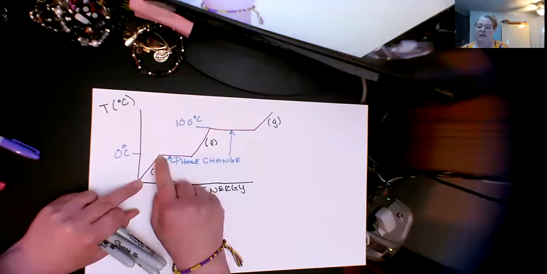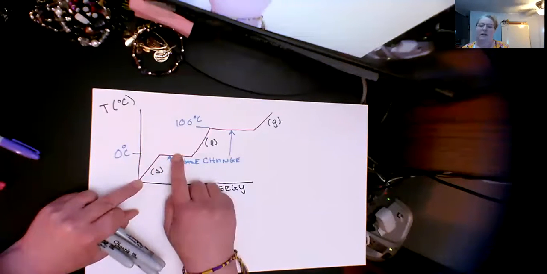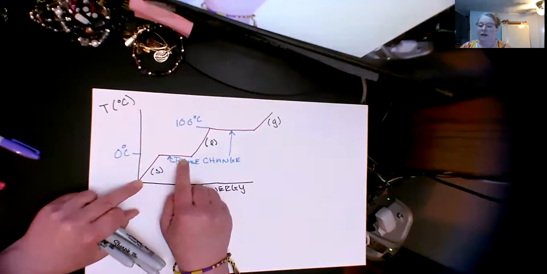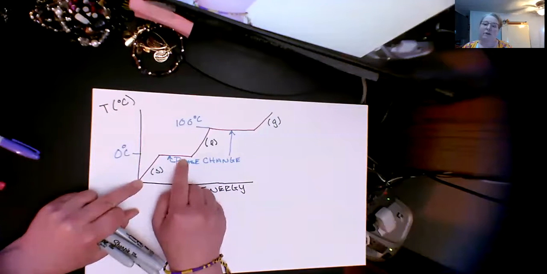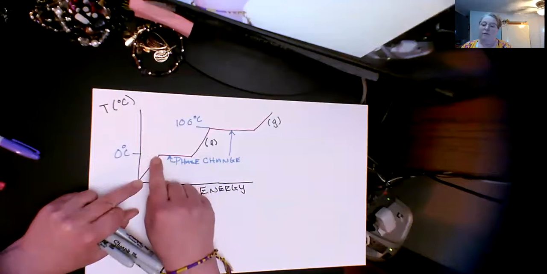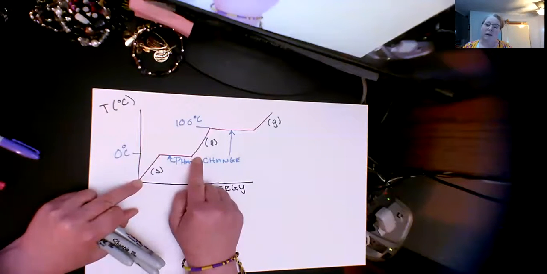And then all of a sudden, I'm still adding energy in, but I'll stop seeing this increase in temperature, and all that energy is going in here. All the energy being entered here is breaking those intermolecular forces. And what's fun to keep note of is that I have ice at 0 degrees C, and I have water at 0 degrees C. I can have both.